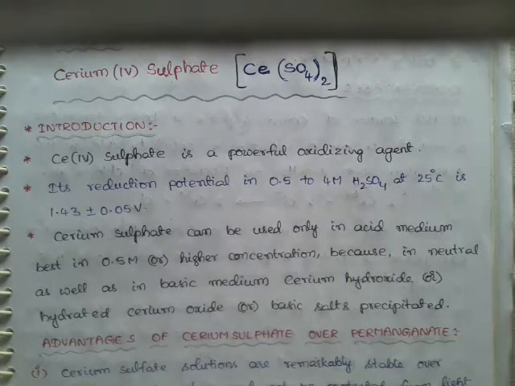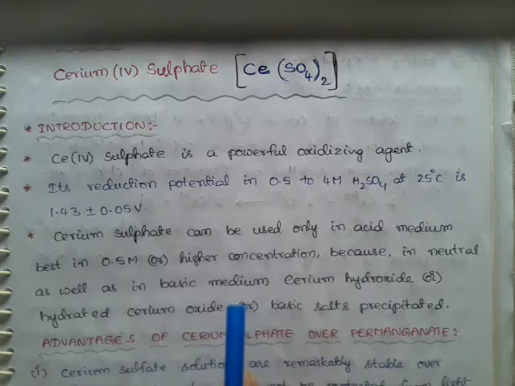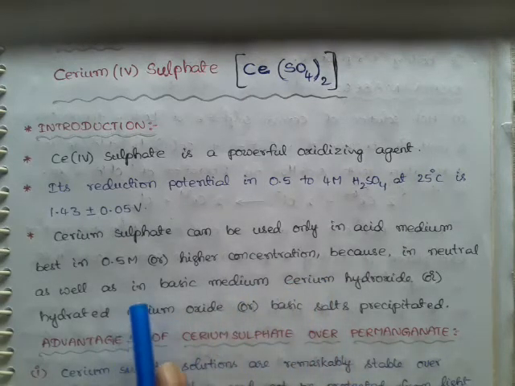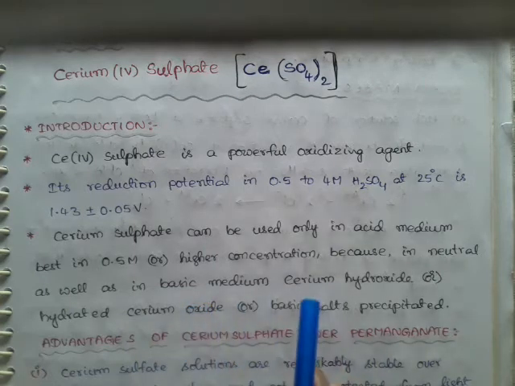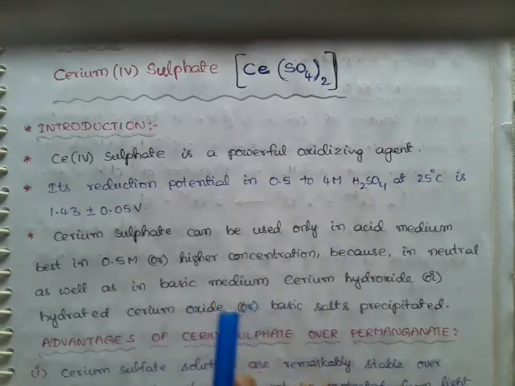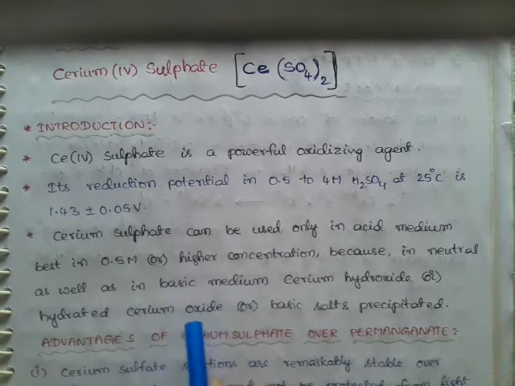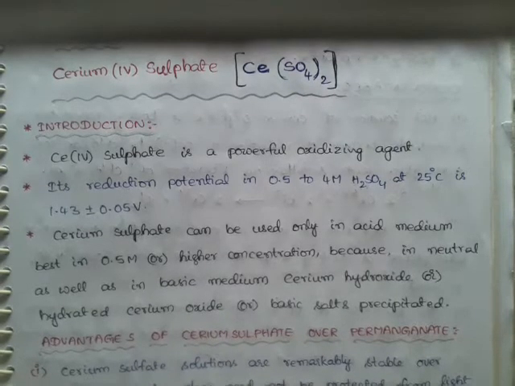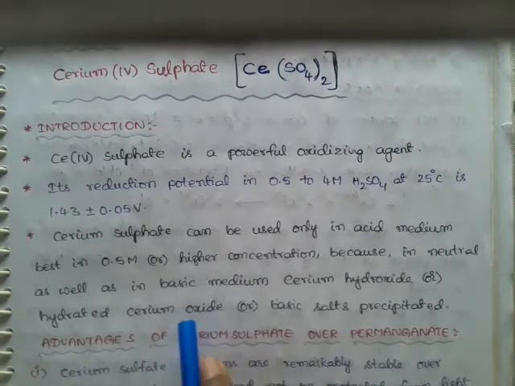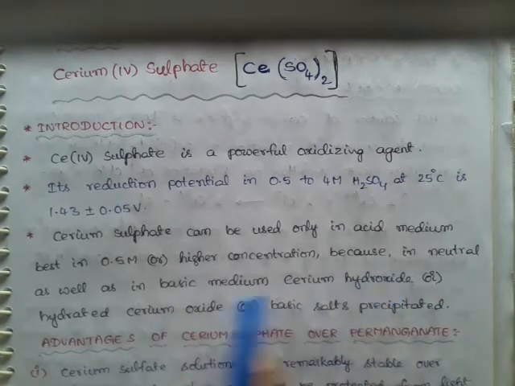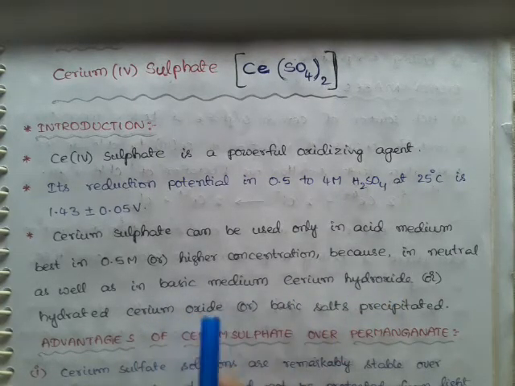So that is the reason why you should not use this ceric sulfate in either neutral medium or basic medium. If you use it in those media, then it can produce either ceric hydroxide or hydrated cerium oxide.